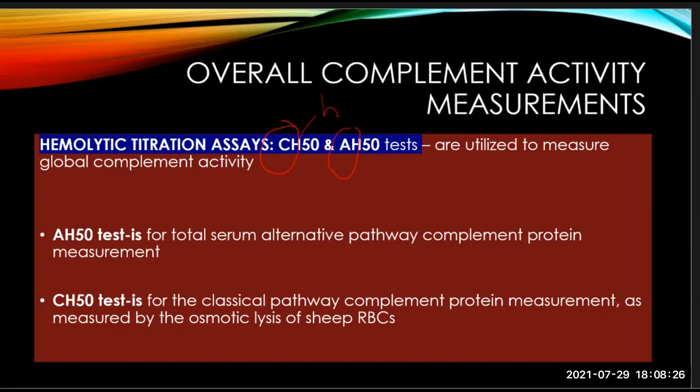They are utilized to measure global complement activity. So AH50 test is for total serum alternative pathway protein measurement, while CH50 is for the classical, as measured by the osmotic lysis of sheep RBCs.